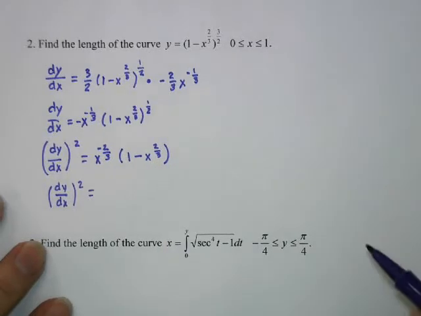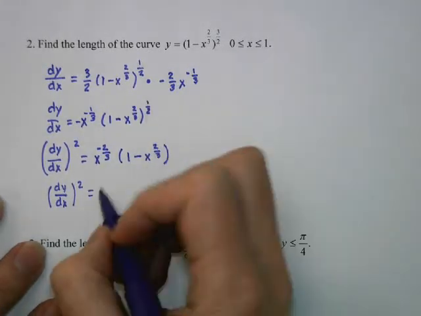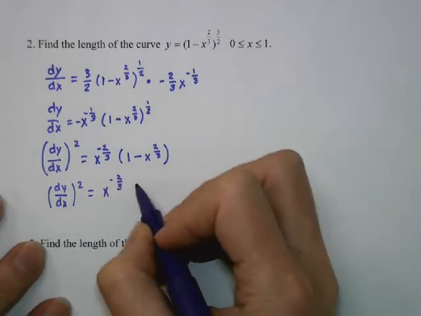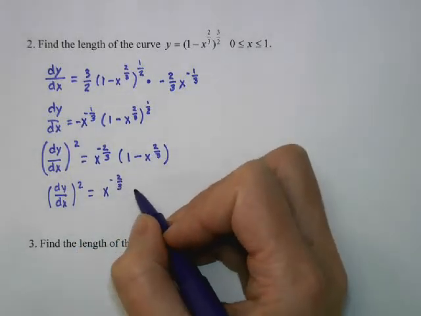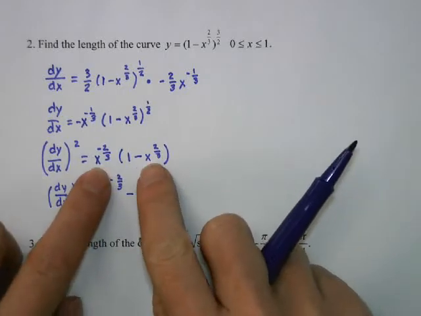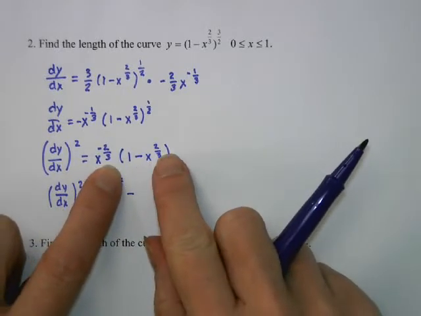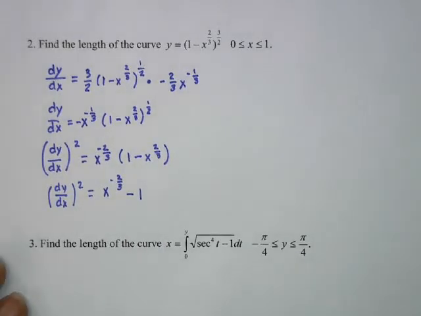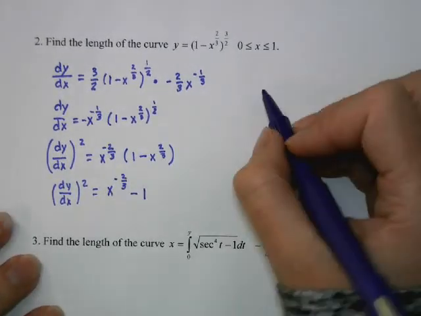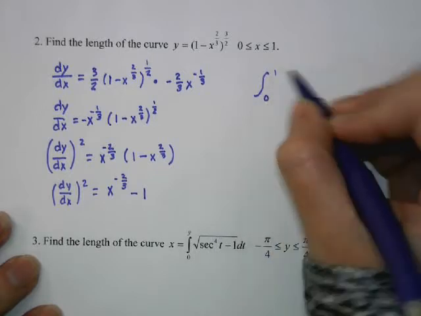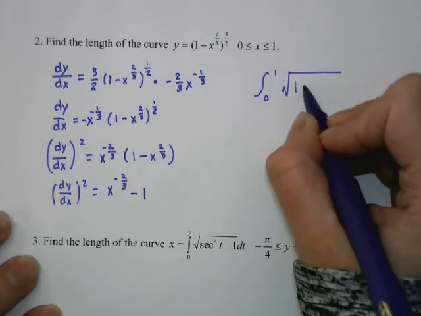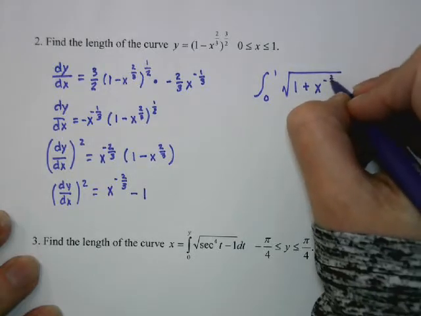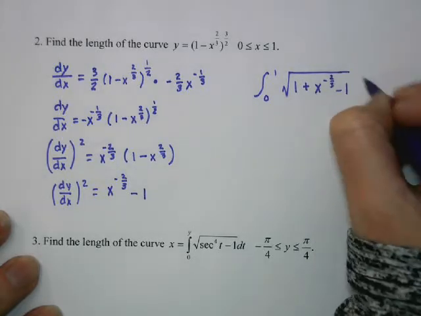Okay, so now we're going to plug this in the formula. So we have the integral from 0 to 1 of the square root of 1 plus x to the negative 2/3 minus 1. So then we're left with this, which I'm going to go ahead and write as the integral from 0 to 1. We have x to the negative 2/3 to the 1/2.